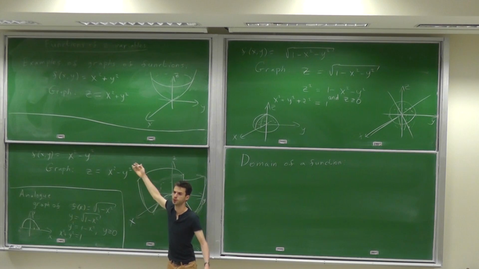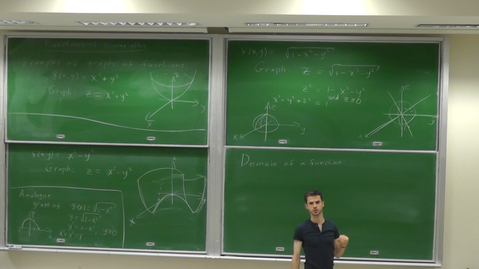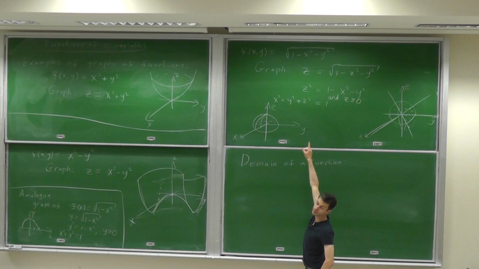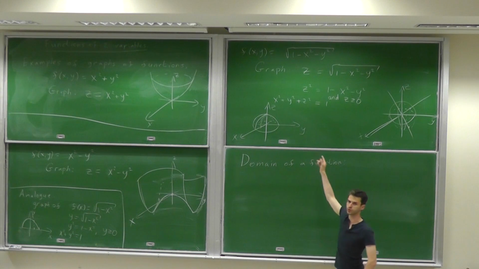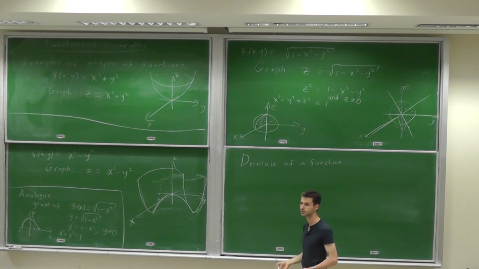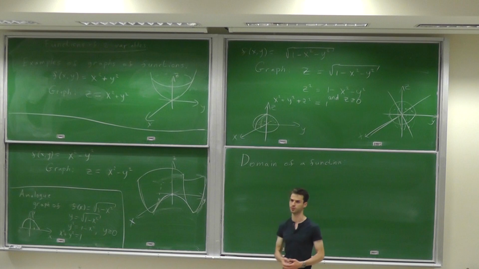They will produce you some number. You can't really do this with that function. You can only plug in numbers x and y which produce a positive answer under the square root. If you get something negative, then you'll try to extract the square root from something negative. Well, you get something which is not a real number.